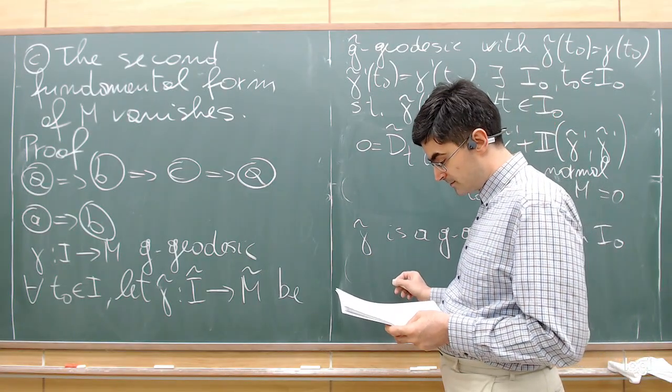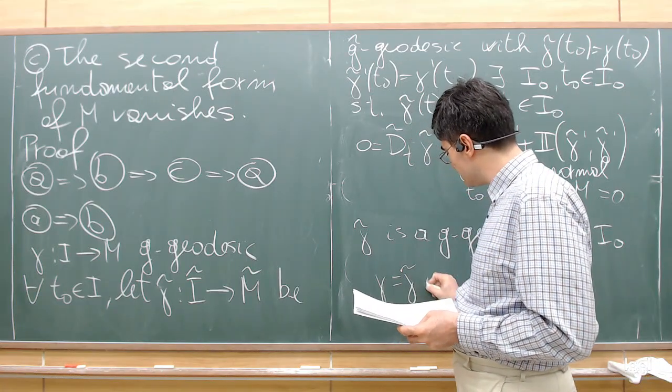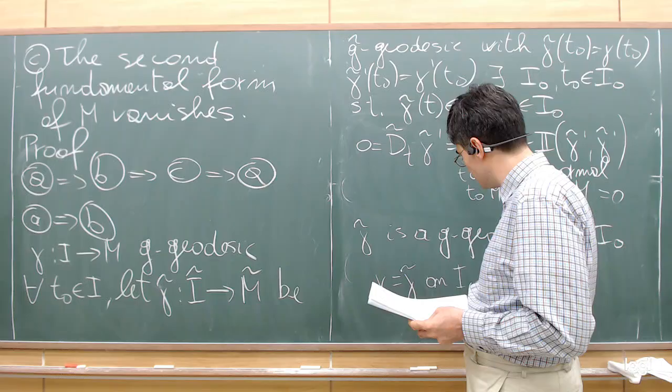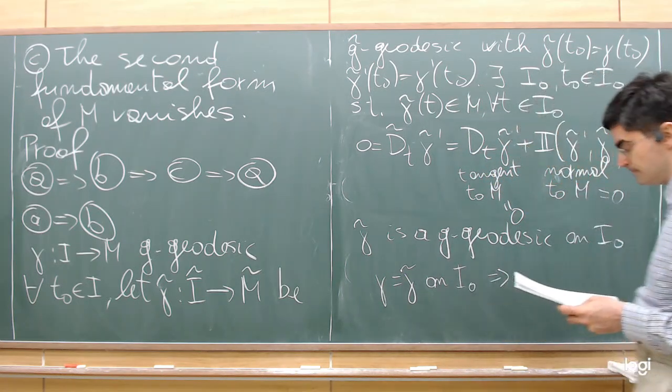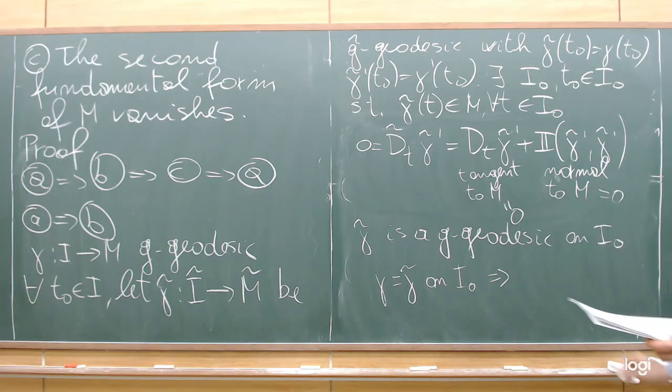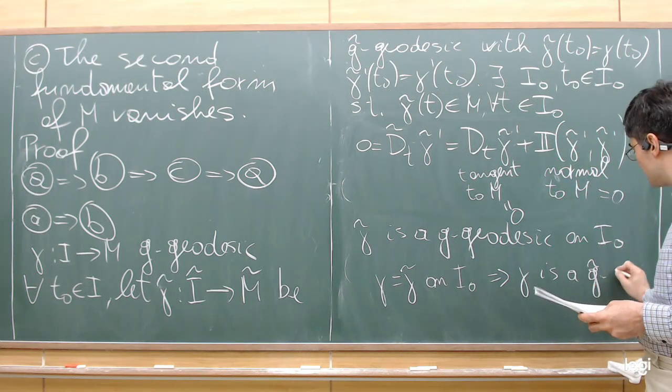So we have that gamma is equal to gamma tilde on I0, which implies gamma is a G tilde geodesic.